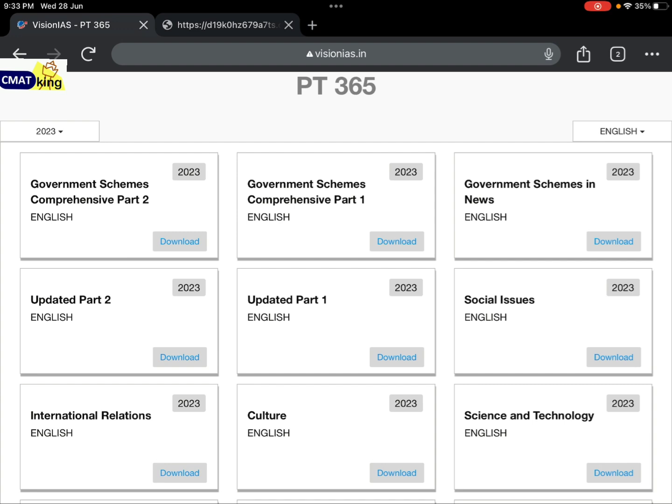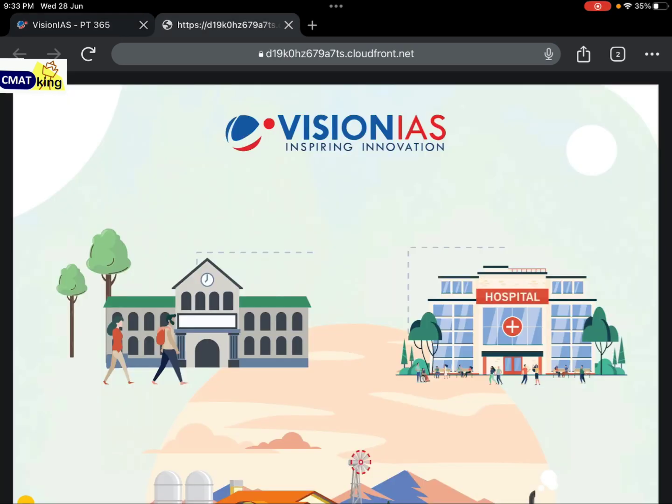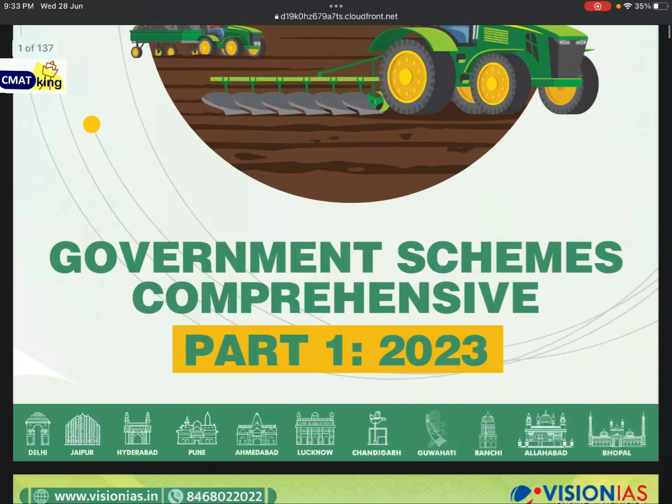You have to do all of them, but I will tell you how to select the schemes which you have to study. So this is the part 1 2023 government schemes.